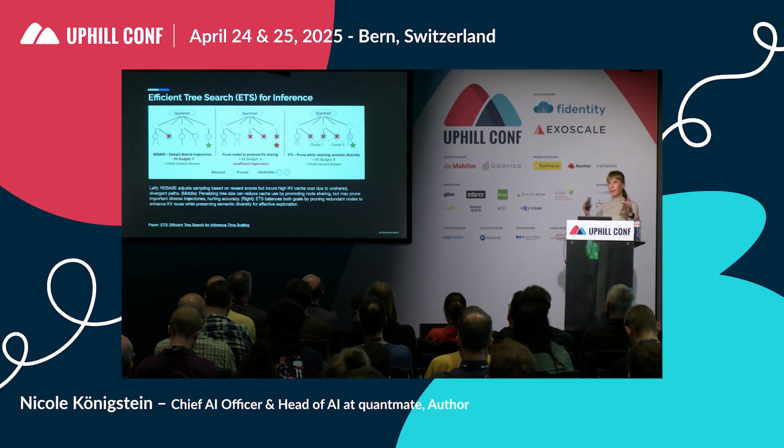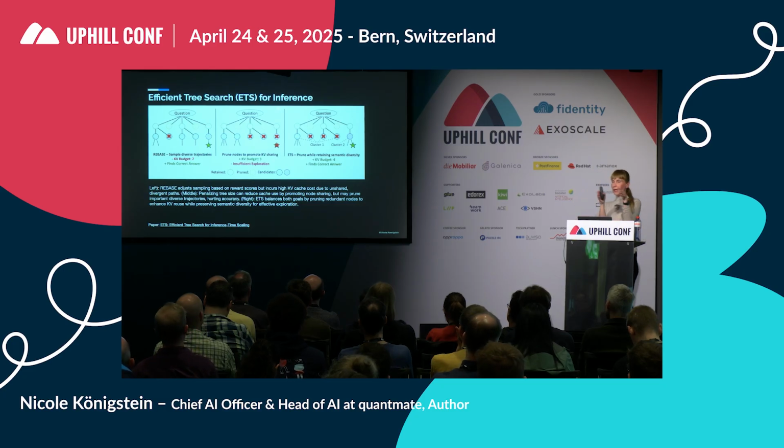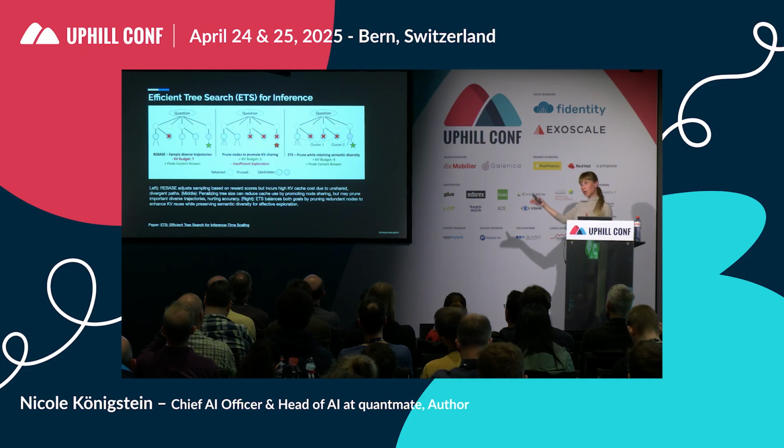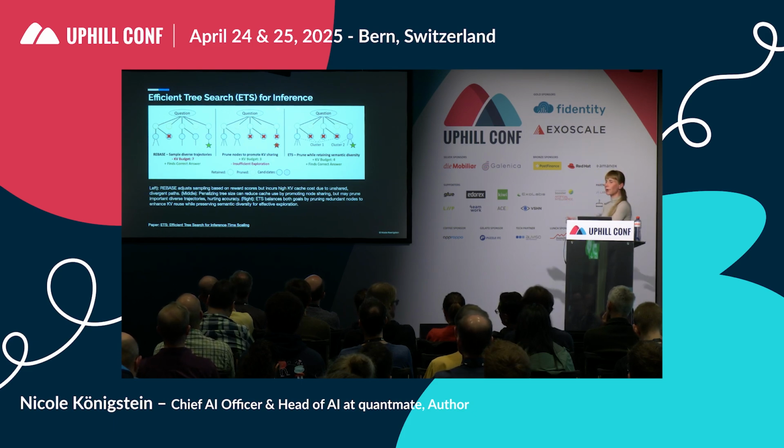In that memory cache you can store the key values and don't have to compute them all the time anew. Just for the next generation, you leverage the previous one, store it in the cache, and generate the next token there. So it's way more efficient. They leverage this, and with that they get faster results. So they exploit that KV cache in a very efficient way.